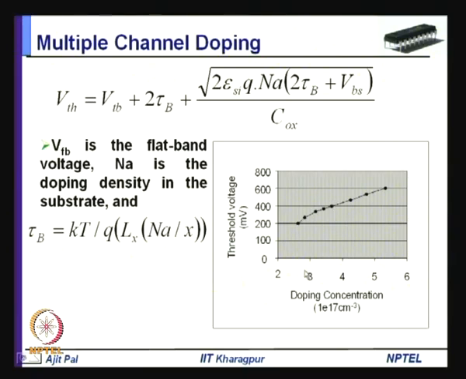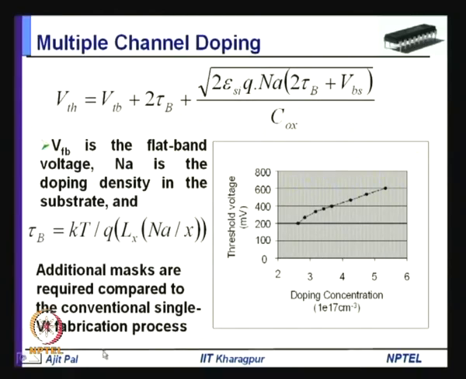However, if you want to realize two transistors having two different threshold voltages, you have to perform ion implantation twice using two separate masks. So, that will indeed increase the cost of fabrication. So, additional masks are required compared to conventional single VT fabrication process.